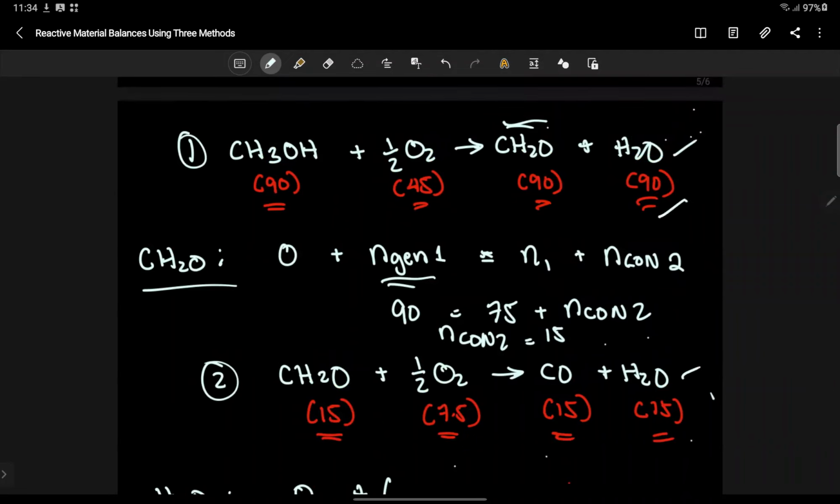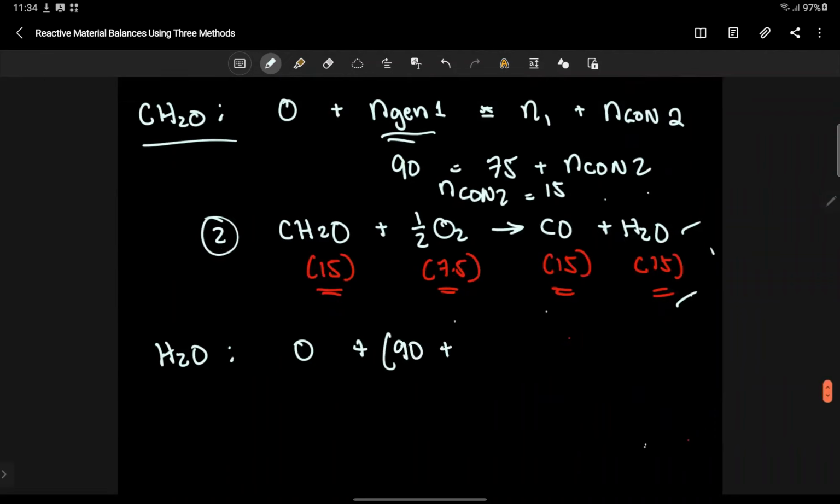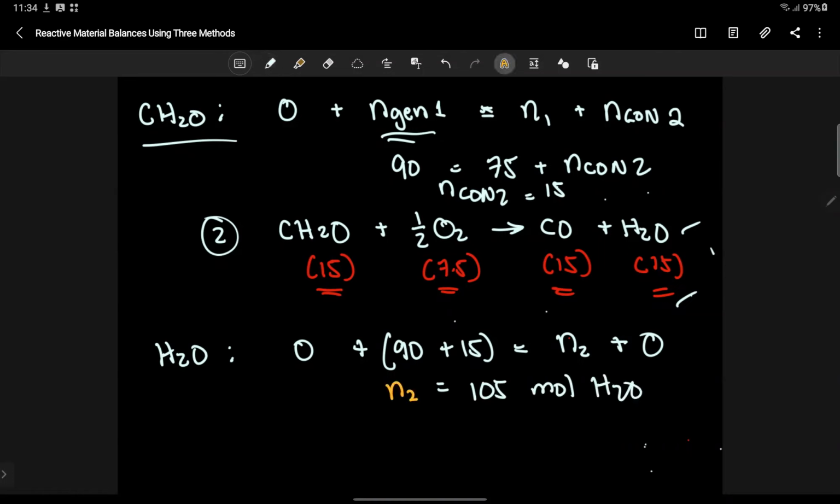So 90 plus 15 equals output ni water, the symbol is N2, plus consumption ni water 0 kasi water is not a reactant in any of the two reactions. So therefore N2 is equal to 105 moles of water. Ayun, no? Nakakuha na tayo sa wakas ng isang unknown.